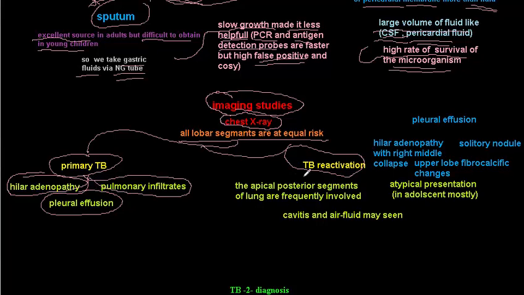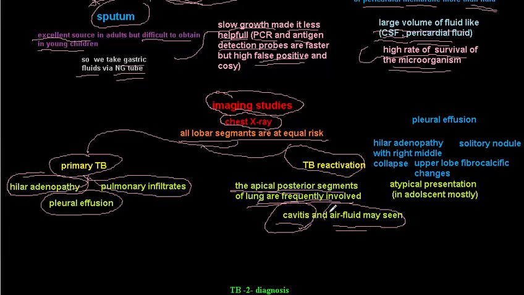In TB reactivation, you may see TB that is confined to one lobe. The apical posterior segment is frequently involved in this case. You may see multiple lobes affected by TB. A very important thing is cavitation and air fluid levels. In TB reactivation, very very important, cavities and air fluid levels.